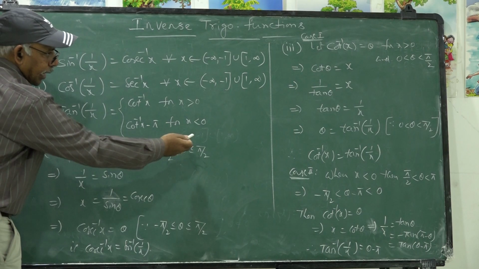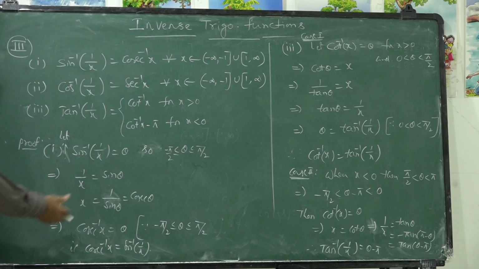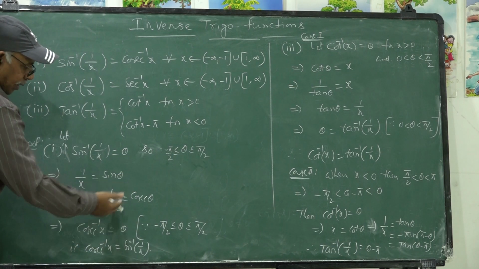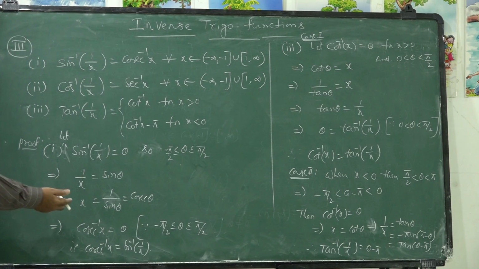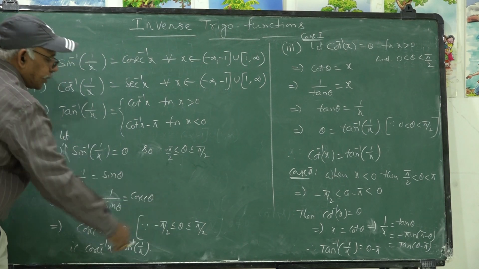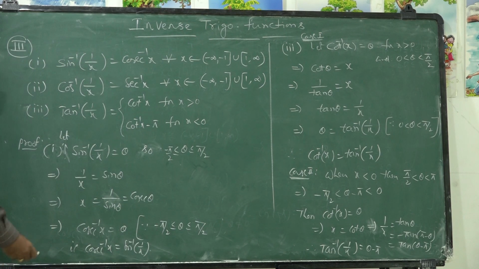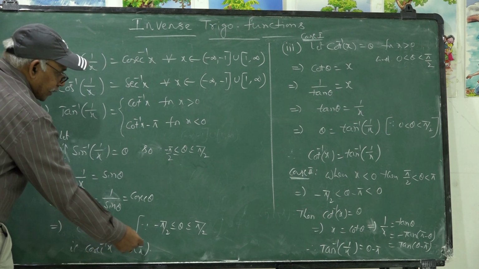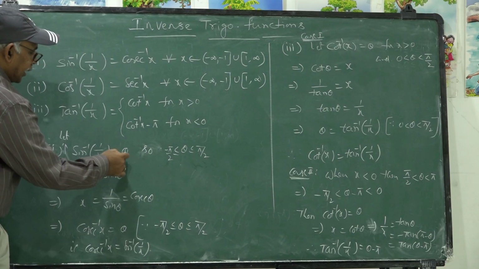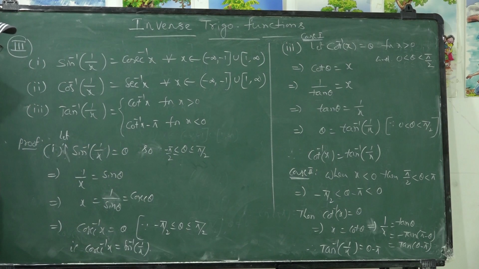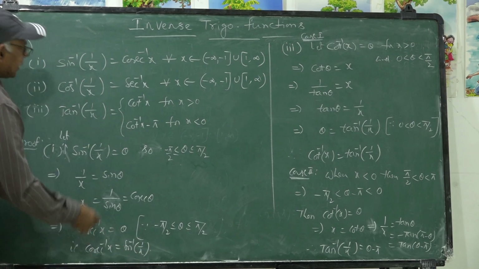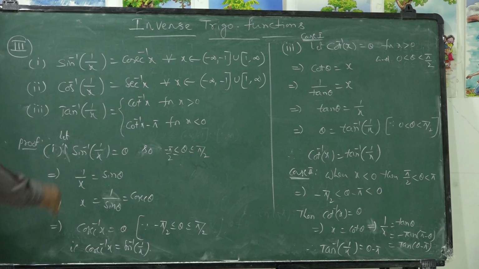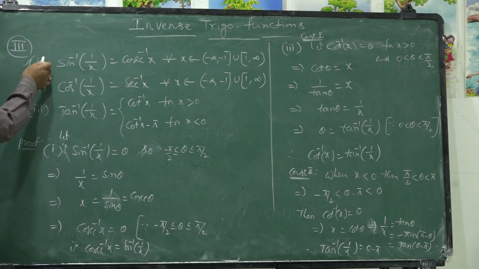Cosec inverse exists in case theta lies between minus pi by 2 to pi by 2. So, that is cosec inverse x equal to sin inverse of 1 by x, because theta is sin inverse 1 by x. Hence, sin inverse of 1 by x is cosec inverse x. This is the first property here.